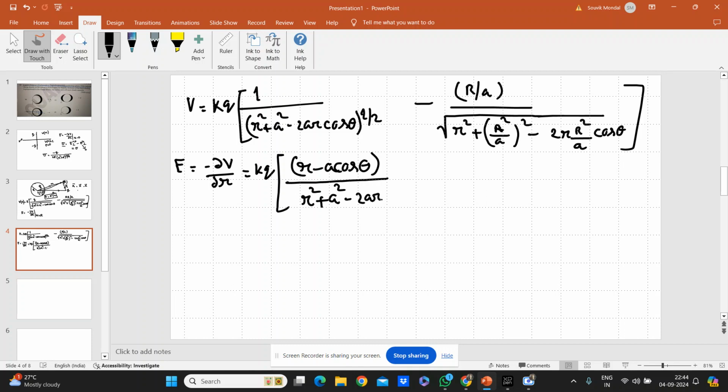Minus 2ar cos theta to the power 3 by 2. So minus half, here the power is minus half, so it will become minus half minus 1, that is minus 3 by 2.